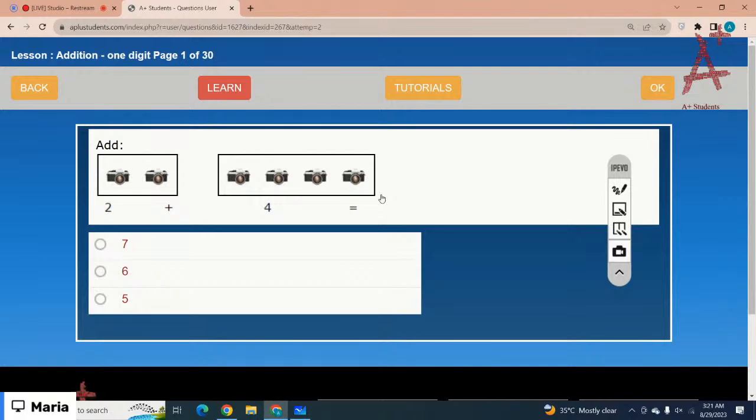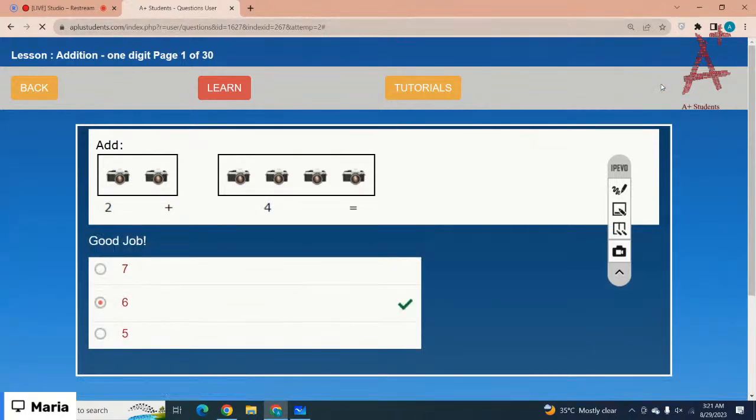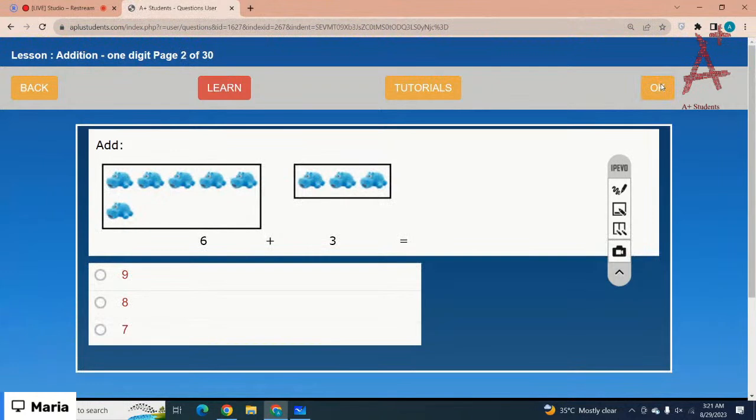The correct option is 6. Add. So, you are given two of the groups.